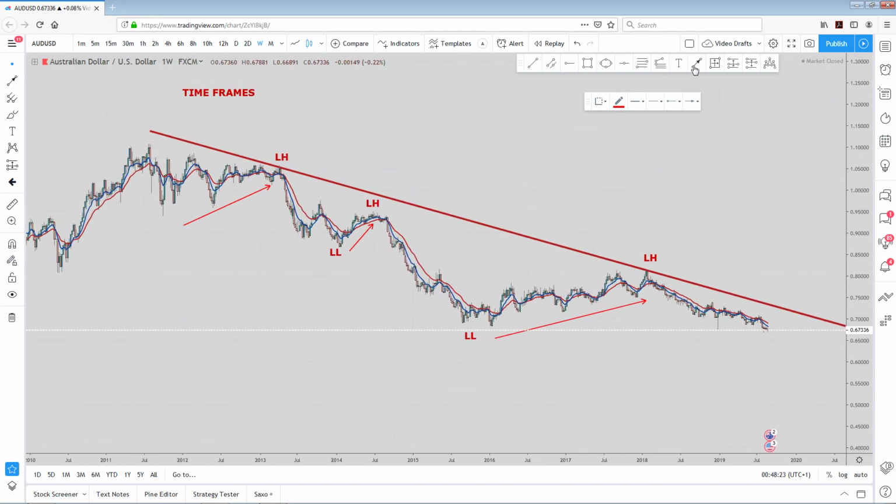So here we see the EMA is crossing, and after that a downtrend continued. Do you see that this line is showing us that the monthly is in a downtrend. The weekly is showing us it's making a lower high, lower low, lower high, lower low.